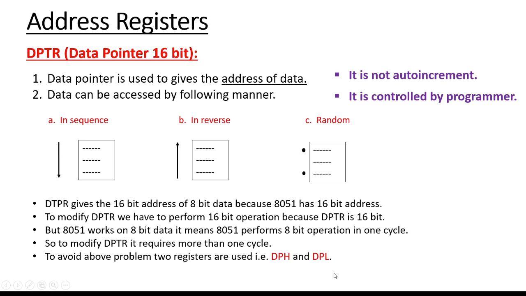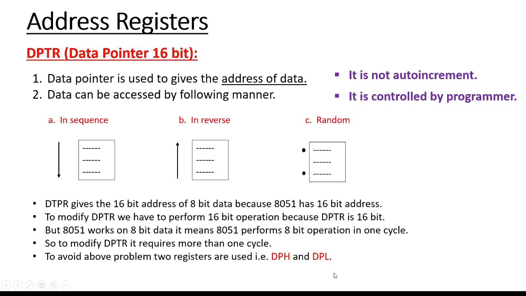If you have a large data set, that data set could be stored in an external RAM interfaced with the microcontroller. Using 16 bits, you can address up to 64 KB, and that data can be accessed in any manner: sequentially, in reverse order, or in random order.